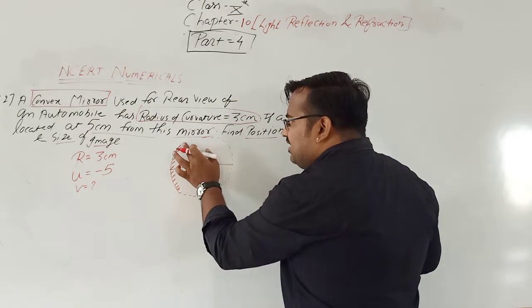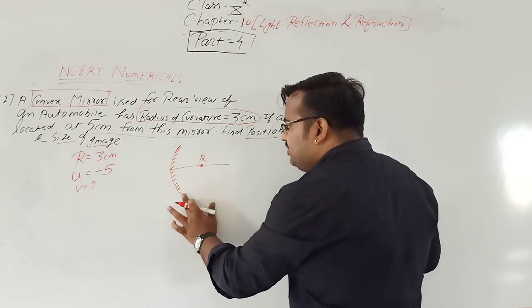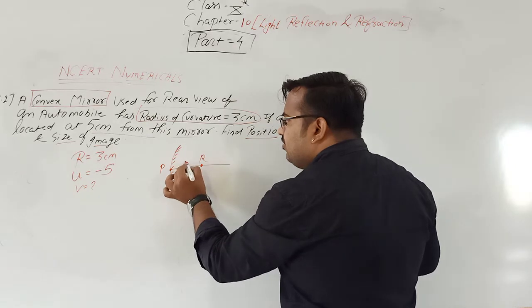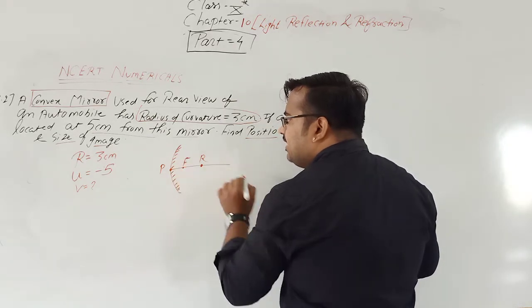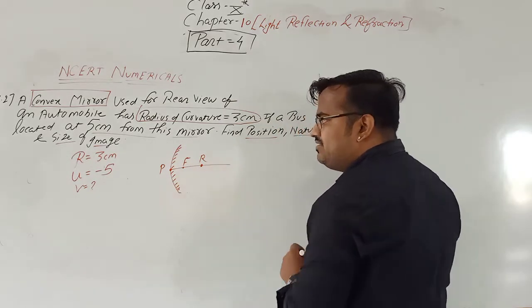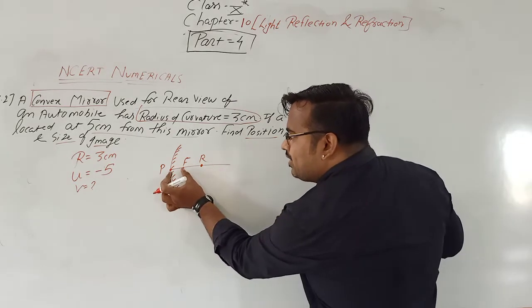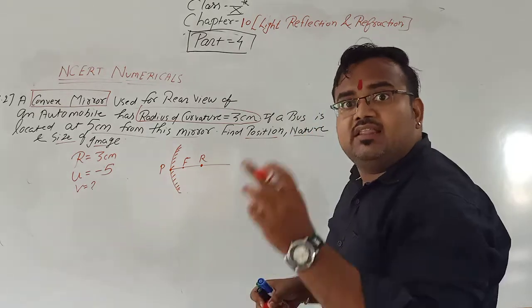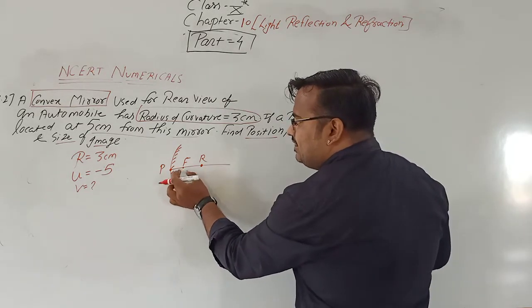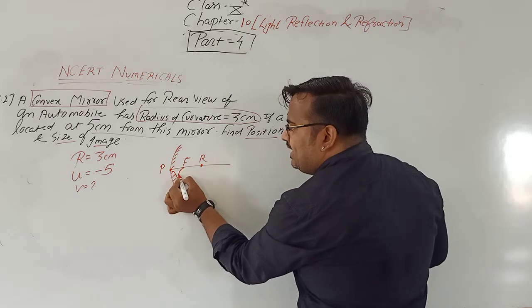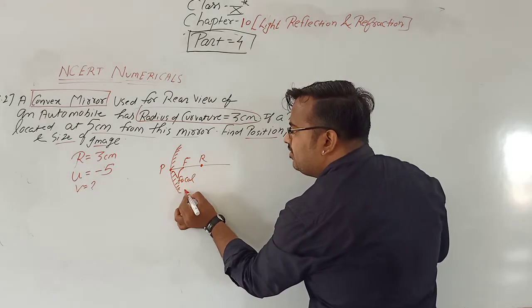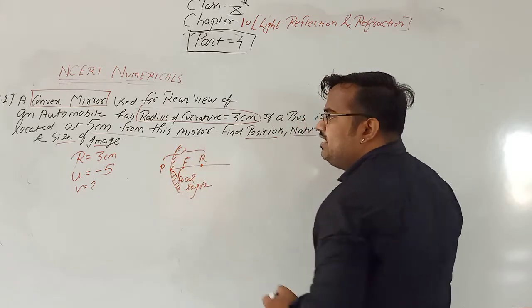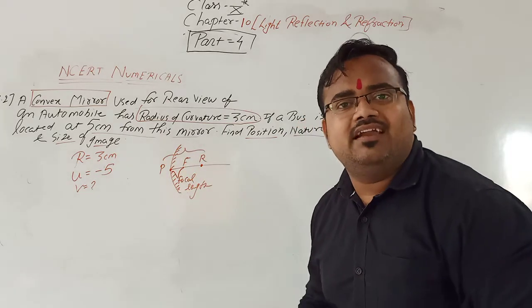Suppose if I remove this part, suppose this is pole, this is focus, and this is radius of curvature. That means what? The focal length is half of radius of curvature or not? This is the focal length between P and F, and from here to here, this is the radius of curvature.